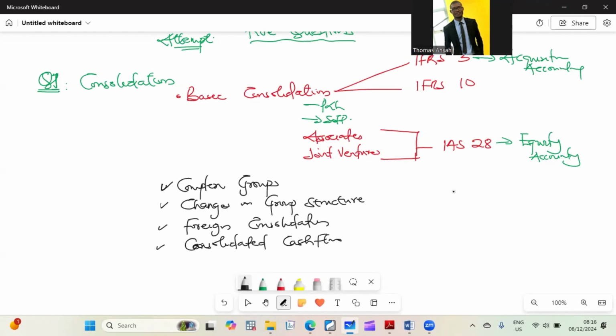The maximum number of notes is 7. So imagine if each note is a standard, then that means you'll be dealing with about 7 standards.